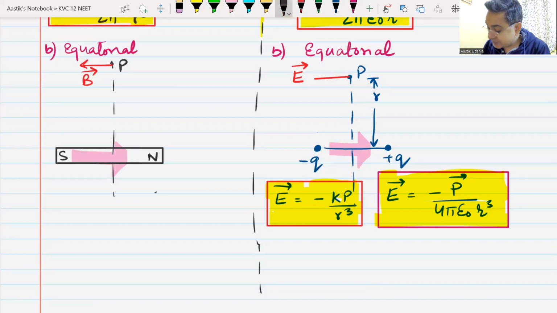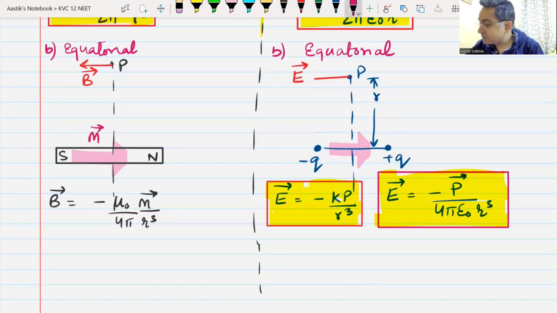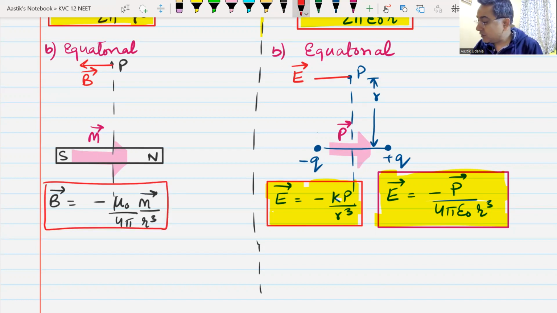And I can straight away write magnetic field B will be equal to minus mu naught by 4 pi m vector divided by r cube, because this m vector is going the same as the p vector, but the magnetic field is coming in the opposite direction.